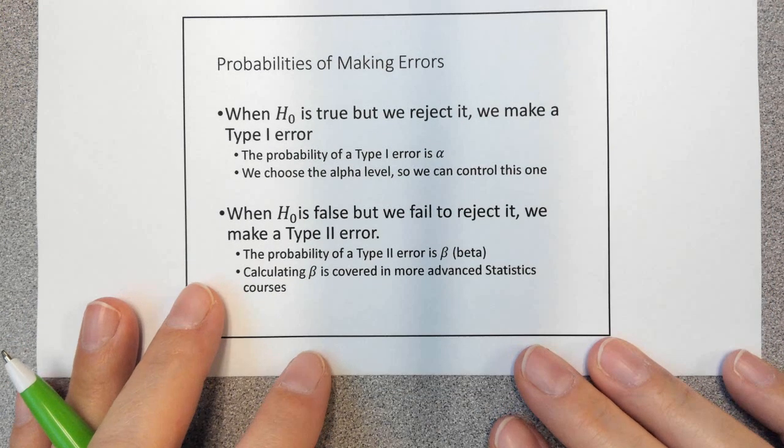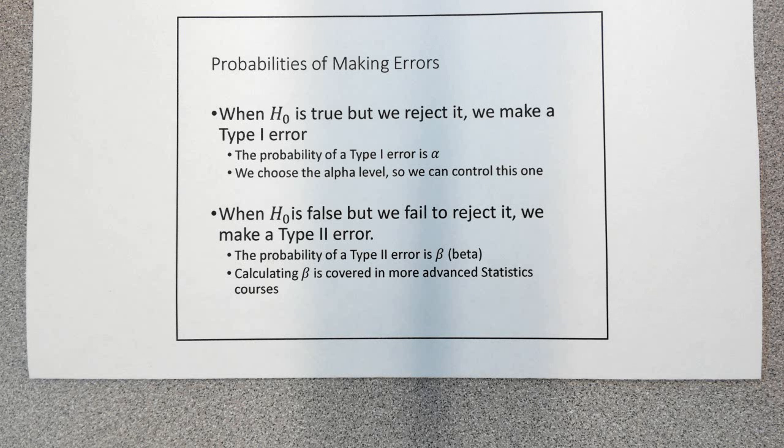So that gets us to this slide. When H0 is true and we reject it, that's a type 1 error. Okay? And the probability that that happens is alpha, because if we reject, we would only reject alpha % of the time. So we can control this one. If we set our alpha level at 5%, then we're only going to have a 5% chance of making that error, because you're only going to reject 5% of all the possible samples.